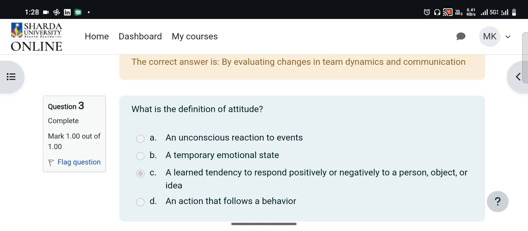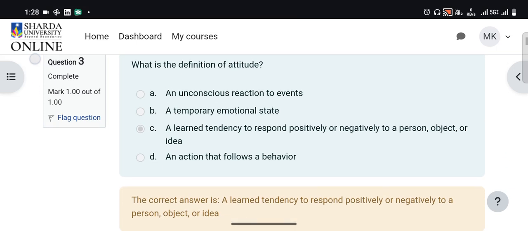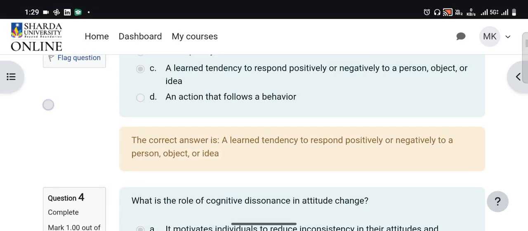Option D, an action that follows a behavior. The correct answer is a learned tendency to respond positively or negatively to a person, object or idea.